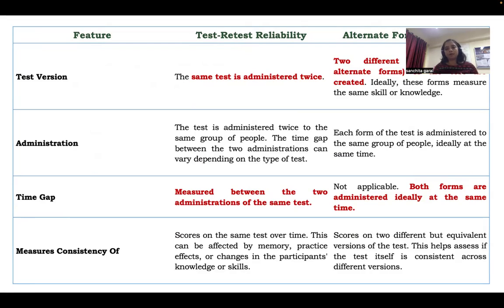But alternative forms of reliability compare scores on two different but equivalent versions of the test. This helps to assess whether the test itself is consistent across different versions. This is the difference between test-retest reliability and alternative forms of reliability.